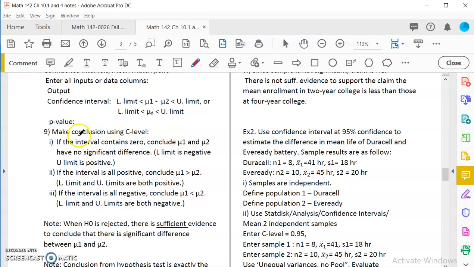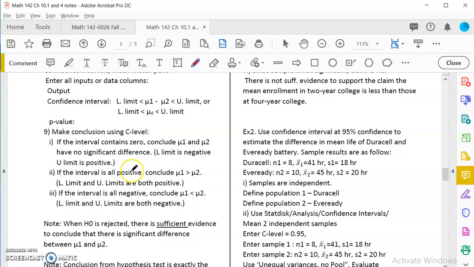If you are doing just the confidence interval, you can also make conclusions, just like in proportion. If the interval contains 0, then you can conclude that mu1 and mu2 have no significant difference. They could be the same. In most cases, it contains 0 when the lower limit is negative and the upper limit is positive.